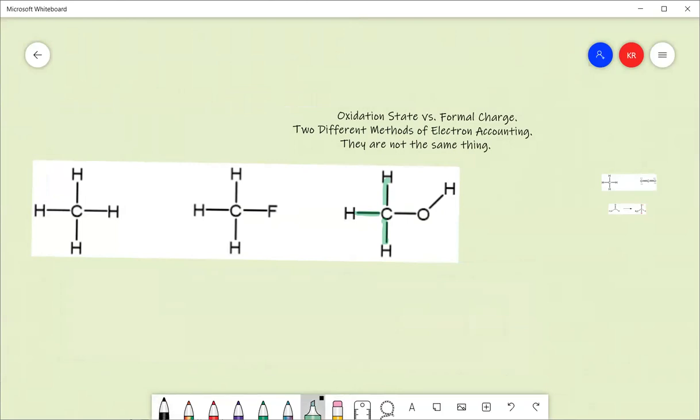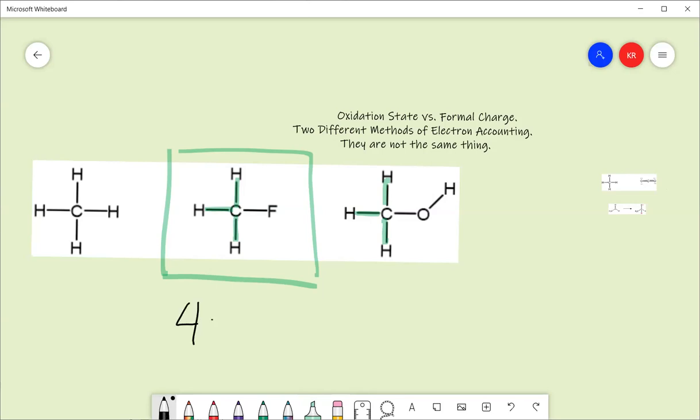So if I do that, what electrons from this molecule am I going to assign to carbon? I'm going to assign 2, 4, and 6. So I start again with the group number, so it's 4 minus 6, which is -2. So remember that methane was -4. So going from methane to fluoromethane is also an oxidation.